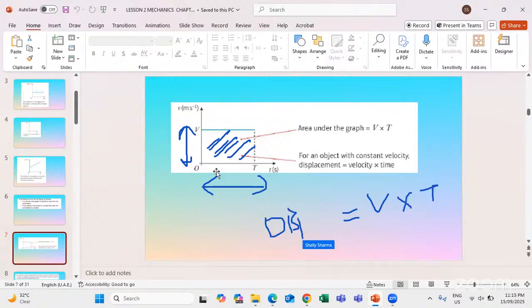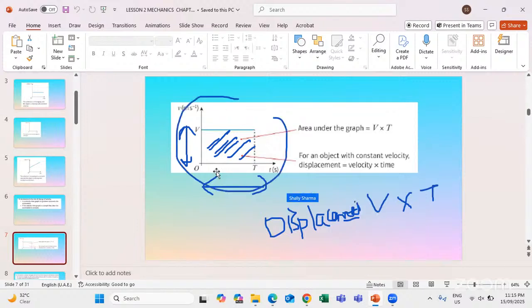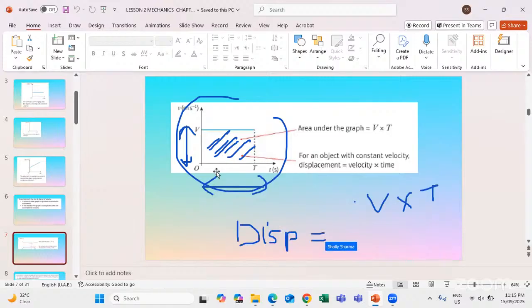Displacement. This is a very important point. Whenever you have to identify whether it is a displacement or an acceleration, if it is a velocity time graph, then displacement is equal to the velocity times time. Okay.